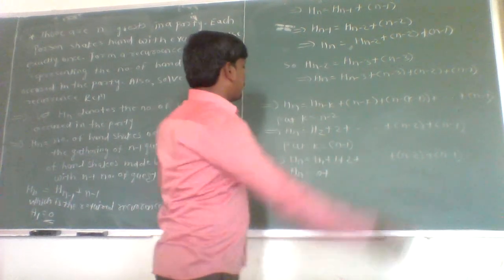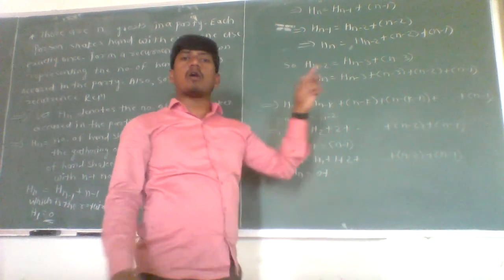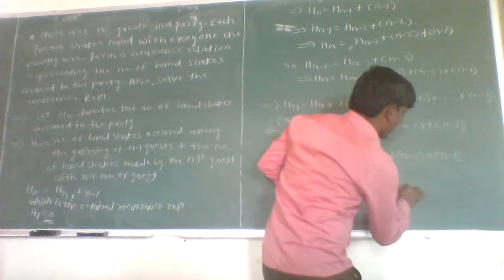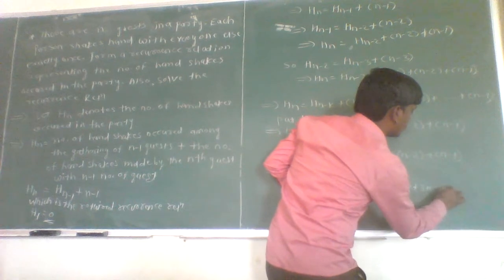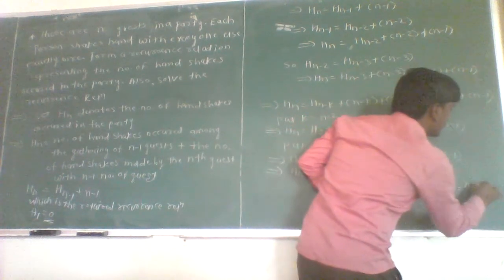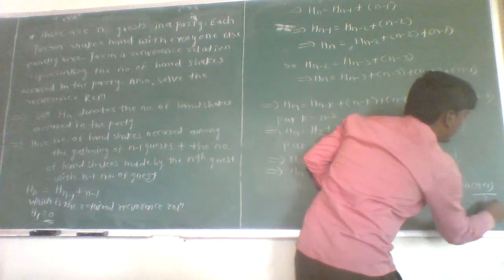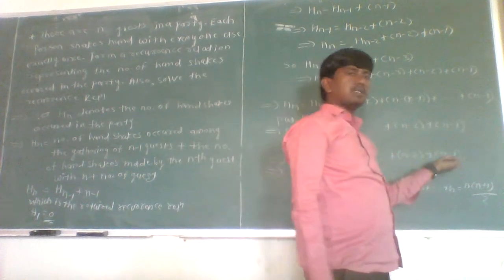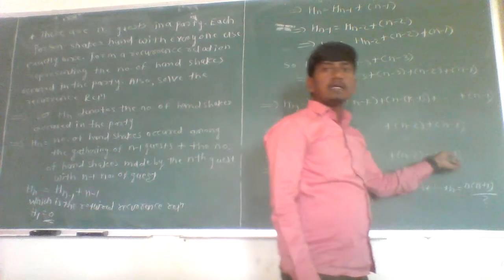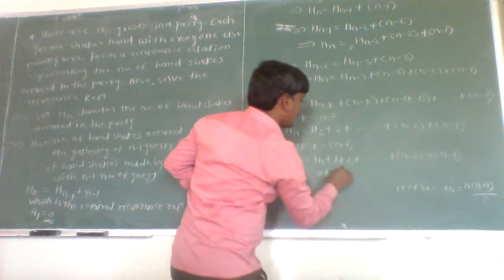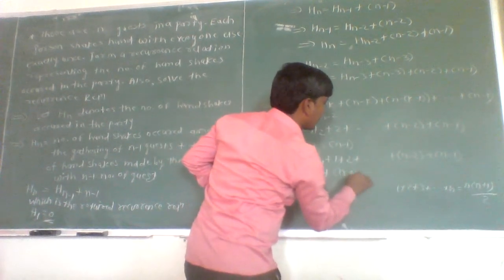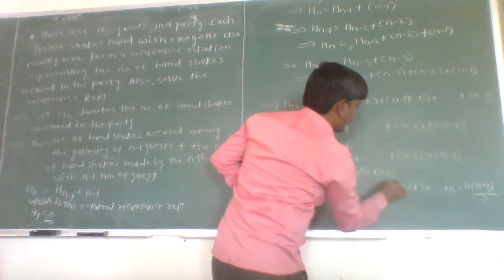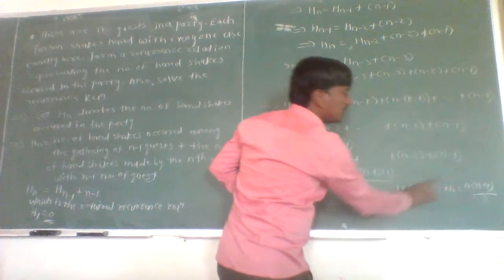And we know that 1 plus 2 plus 3 plus up to so on plus n is equal to n into n plus 1 divided by 2. But here the sum is going from 1 plus 2 plus 3 plus up to so on n minus 1. That is, here the value of n is n minus 1. Therefore, this is n minus 1 into n minus 1 plus 1 divided by 2, from this formula.